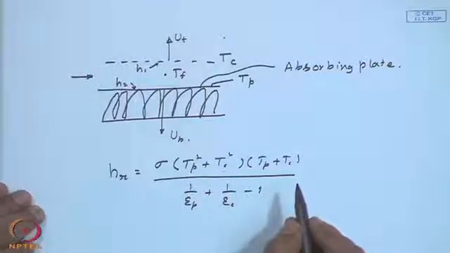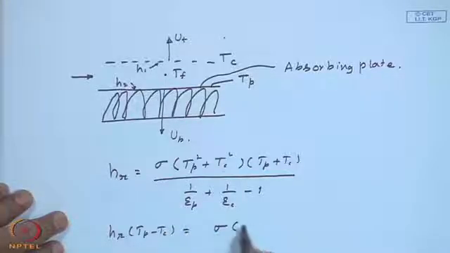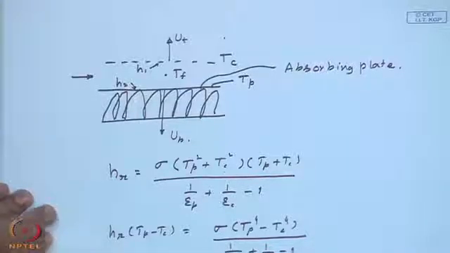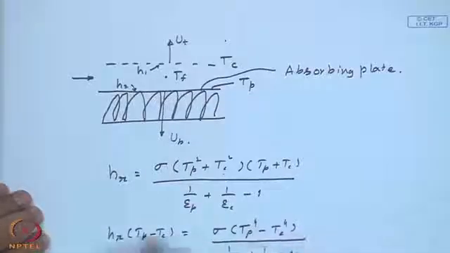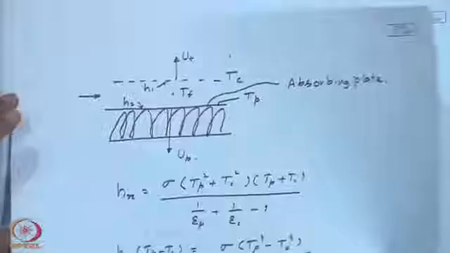Let me write it down. H r into (T p minus T c) equal to sigma into (T p to the power 4 minus T c to the power 4) by (1 upon epsilon p plus 1 upon epsilon c minus 1). Okay. If you do that, take T p minus T c onto the other side, you will get H r of whatever we have written here.